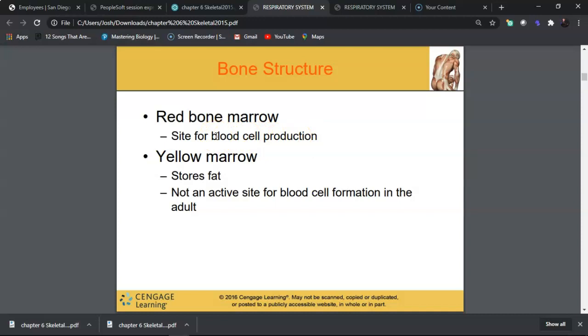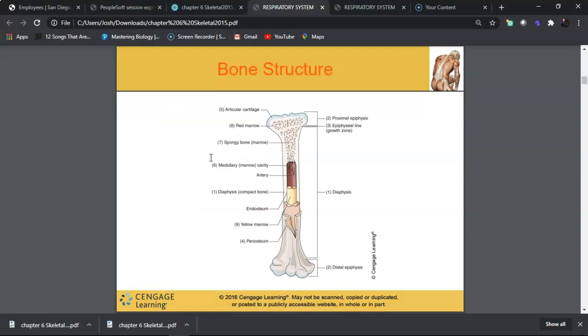We're talking a little bit about the hip bone, which has quite a bit of red blood cell production. And then the yellow marrow is a storage of fat, and so it's not an active site for blood cell formation in adults, which is actually in the medullary canal. But in cases where someone needs red bone marrow, something happens and they don't have enough, yellow marrow can actually be converted in the body to red bone marrow if necessary.